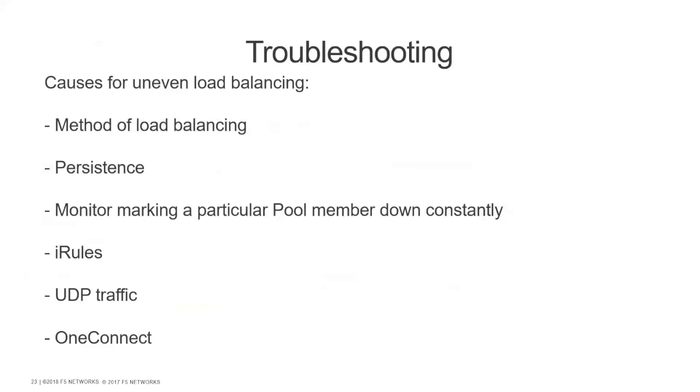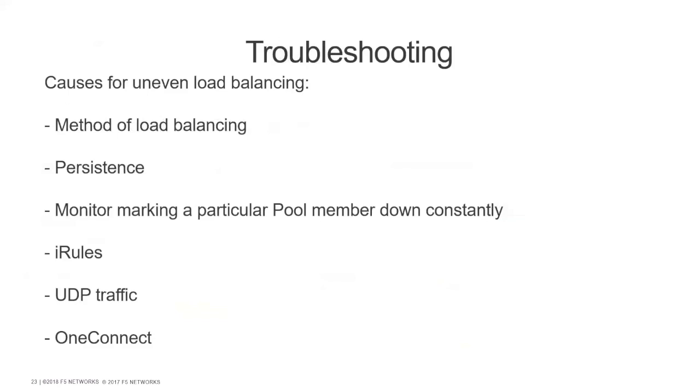As a result, the traffic load across pool members may be uneven, especially if the persistence profile is configured with a high timeout value. So if we configure a 6 hour timeout, for example, and the client is always coming in, it's always going to go to the same pool member. If you have NAT in front of the BIG-IP, this is especially true, because we're always seeing the same IPs, so they're always going to go to the same pool members.